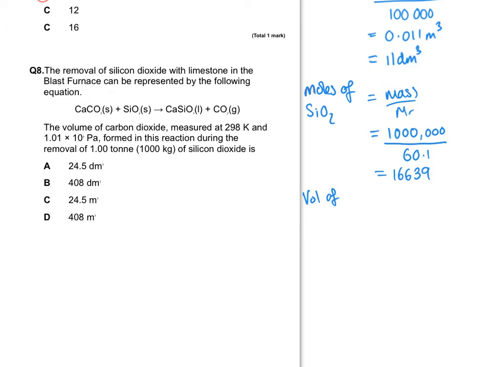And then we're trying to work out the volume of carbon dioxide. The moles are going to be the same because it's a 1-to-1 ratio relationship. So that's the same as the moles of CO2. Again, we're going to use the ideal gas equation.